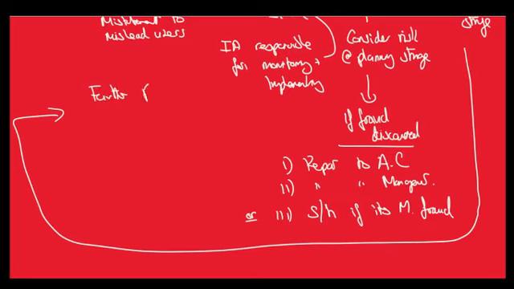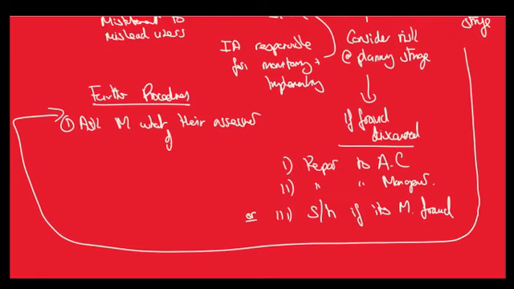That the auditors can do while doing the audit. First of all, ask management what their assessment of risk is. Their assessment of risk of material misstatement due to fraud and error.